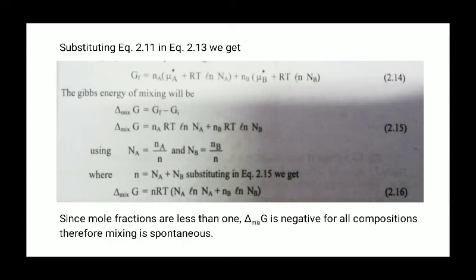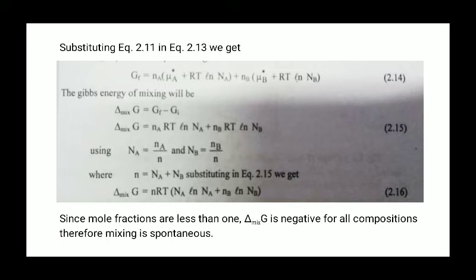Substituting equation 1 in equation 2, we get Gf is equal to Na (mu star A plus RT ln Na) plus Nb (mu star B plus RT ln Nb).